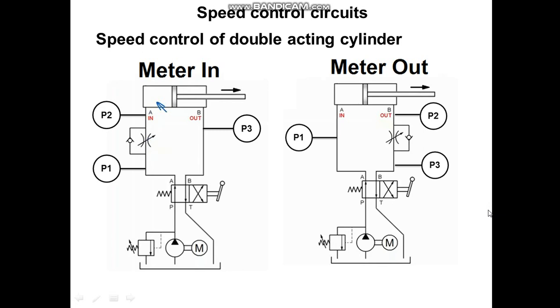Now you can ask me what the advantages and disadvantages of these circuits are.